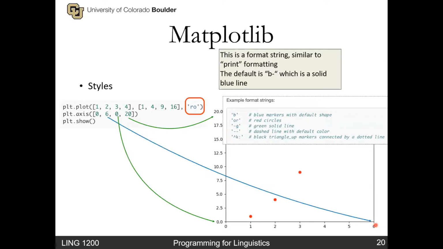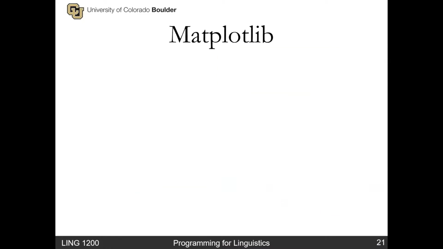And the first 2 numbers, of course, are for the x-axis. So the 6 is where the graph's going to end, it's going to go up to 6, and 0, of course, is where it starts. So there are some changes and default things we can set: change the size, change the colors and shapes.